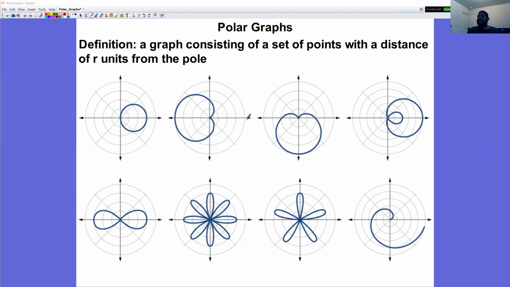This is a special type of limaçon called a cardioid. This is a limaçon with an inner loop. If you come to the next row of polar graphs, this is a lemniscate. These two are considered rose curves. And this right here is considered the spiral of Archimedes. So these are some special types of polar graphs you will be coming across in this lesson.